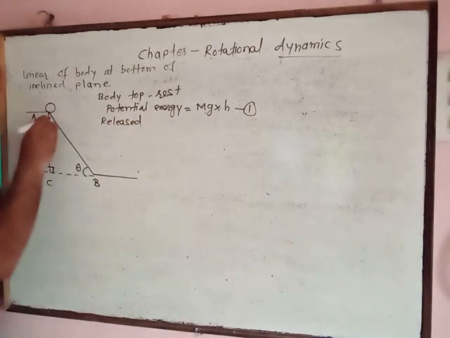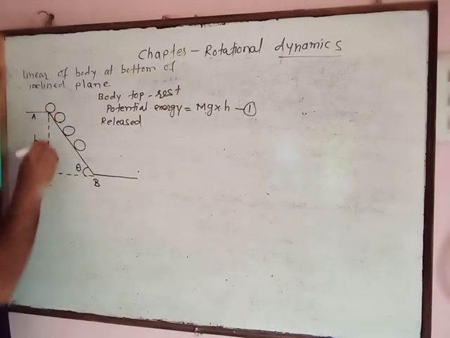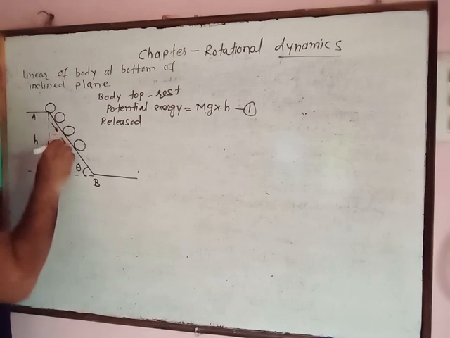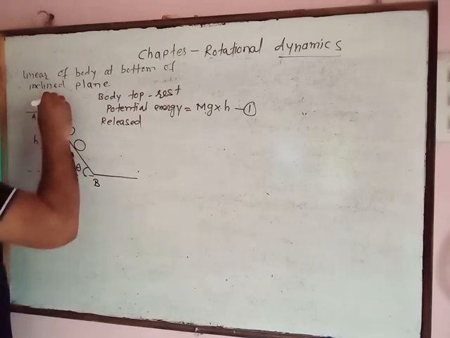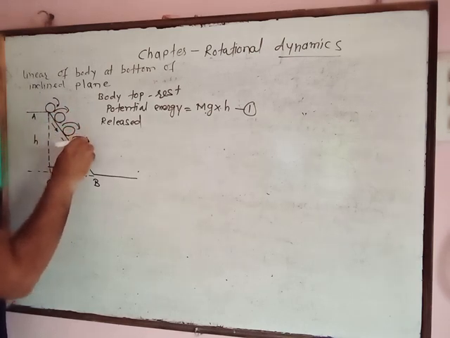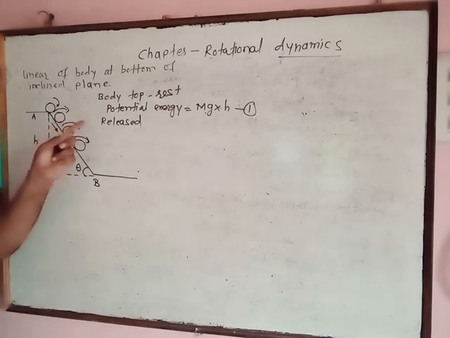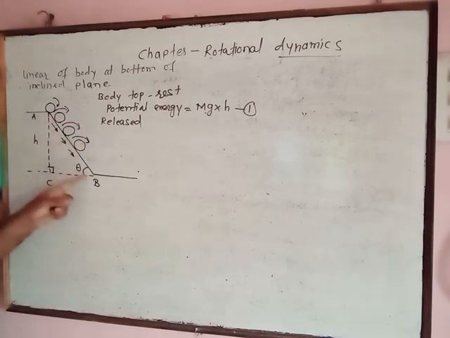We find that this body, while moving along the inclined plane, performs translational motion as well as rotational motion at the same time. That means the body performs rolling motion along the inclined plane.